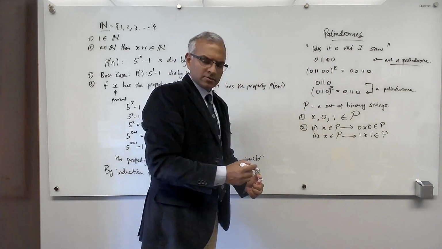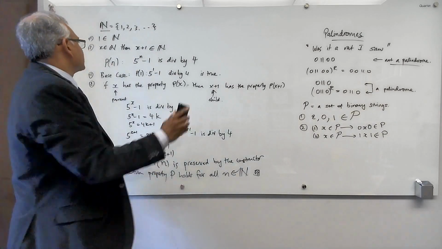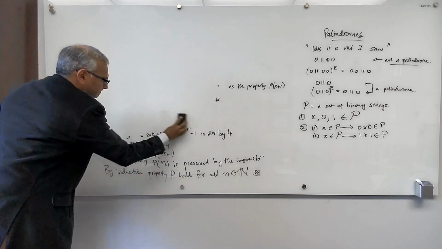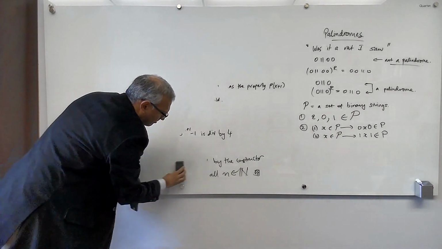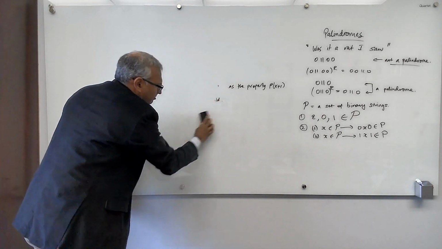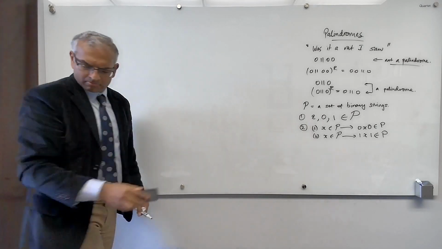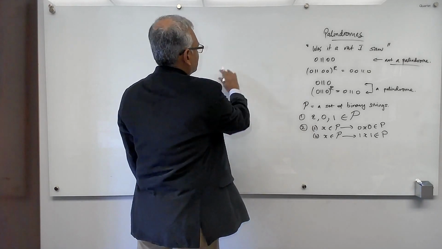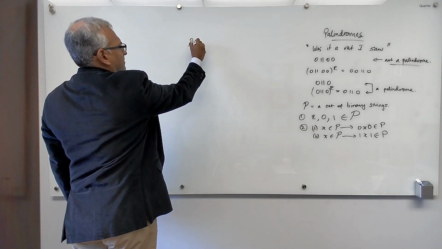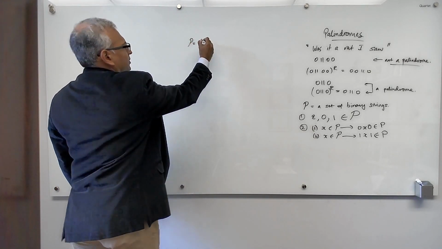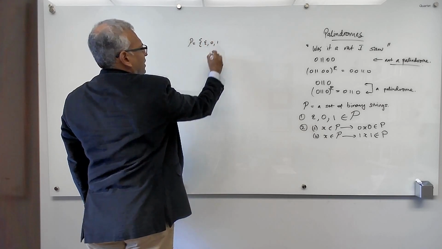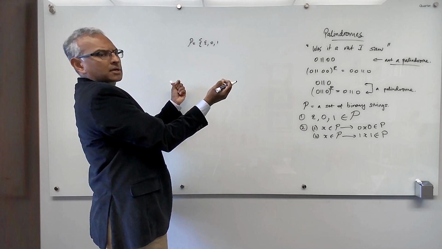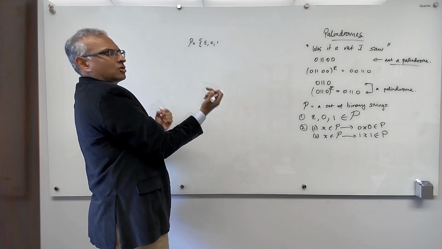So let's see, what are some of the strings in P? Let's construct some of the strings in P. So P equals, we start with epsilon, 0, and 1. Now I can take anything that's in here and attach 0 to both sides or 1 to both sides.